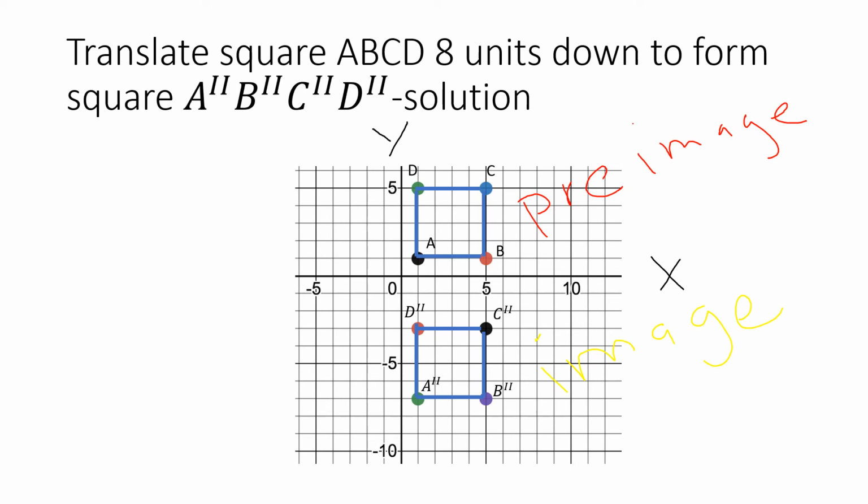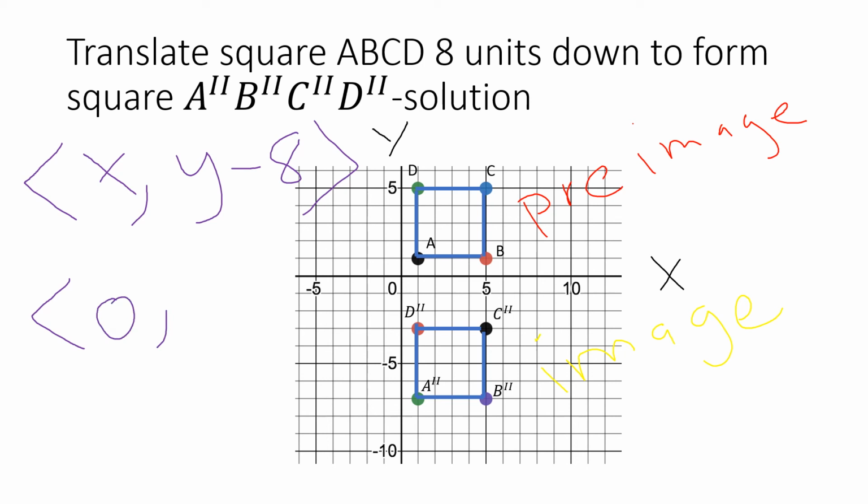Now if we want to write this, we see the x doesn't change, only the y values change. Another way of writing translating 8 units down is: we're going down, y values are decreasing, so you're subtracting 8 from y. Or it can be written as (0, negative 8), because there's no change in x, so it's 0.